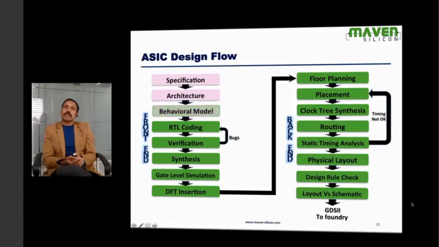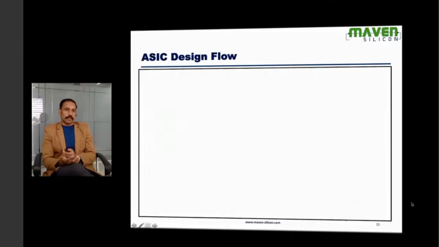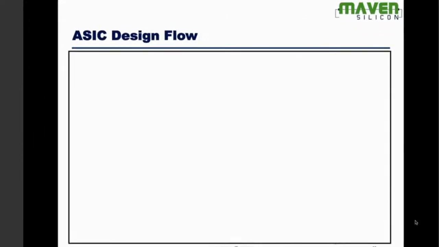Then what happens? The architects create behavioral model. Okay, look at here. The design architecture is there. Now, to verify the functionality of the design, how the design is going to be, before getting into the implementation, I want to make sure that the design works fine with respect to functionality and performance.